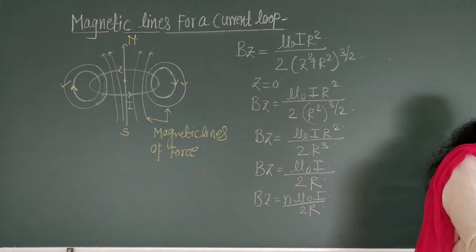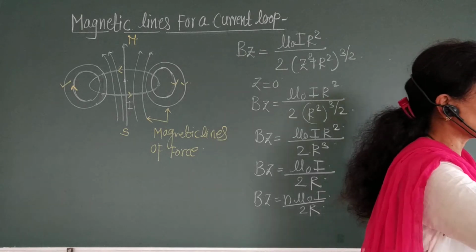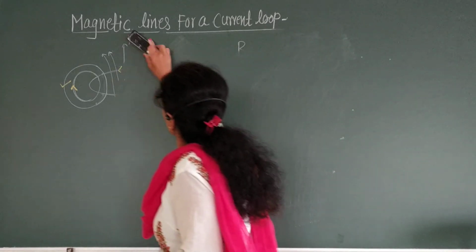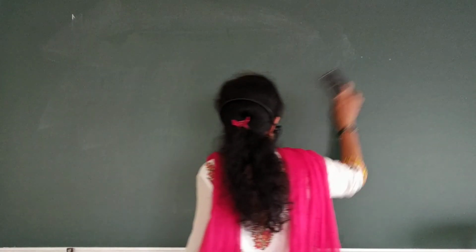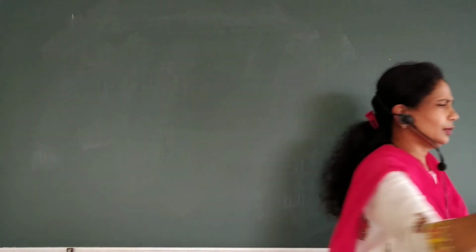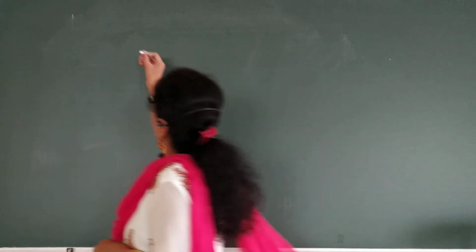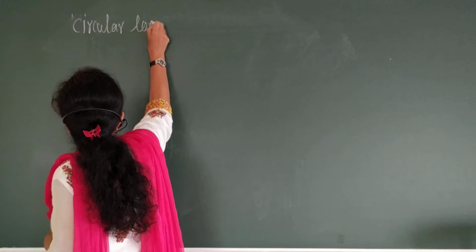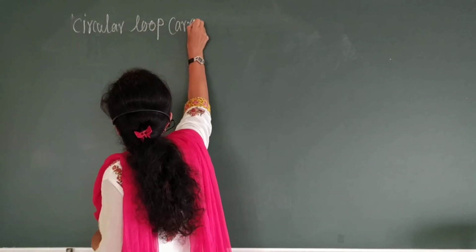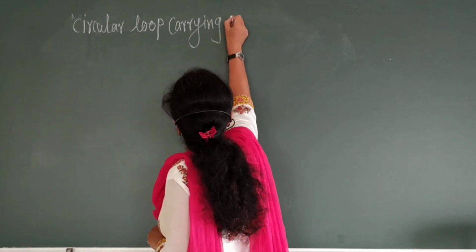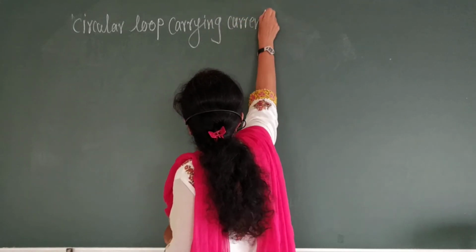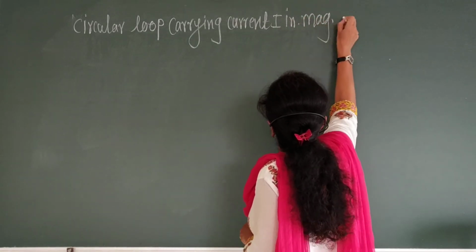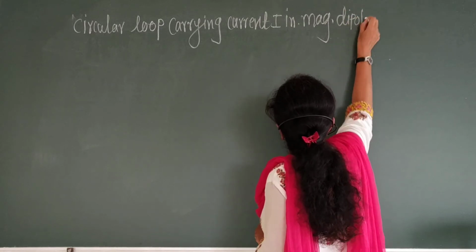Now the next point: a circular loop carrying current I is a magnetic dipole. See this.